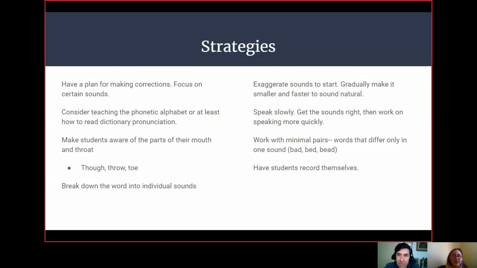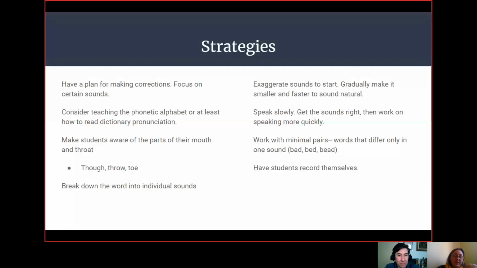And I think this second point here is a good idea, so that when students look up words in the dictionary, they can learn the definition, but also be able to see where the stress is on the word and what kind of vowel sounds they're supposed to make. But this is good for some students. Some students might just get confused by it. So you know your students best and can decide what's helpful.